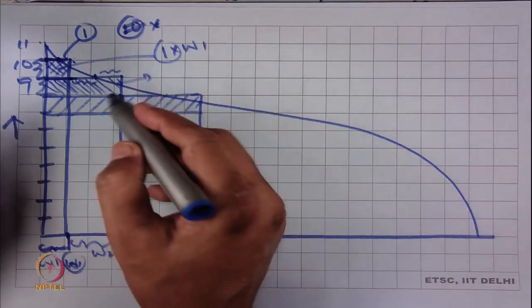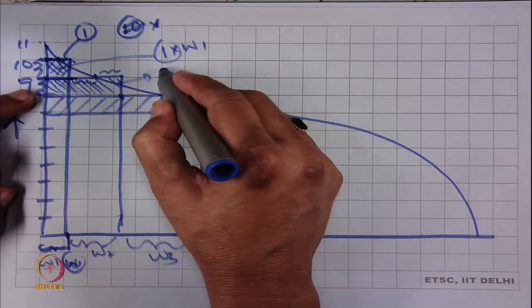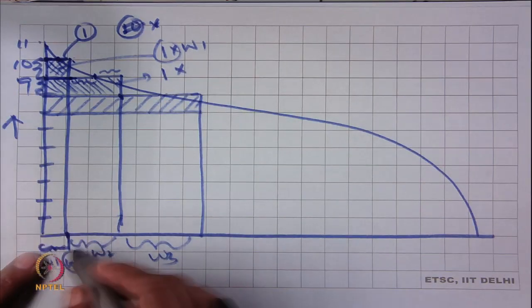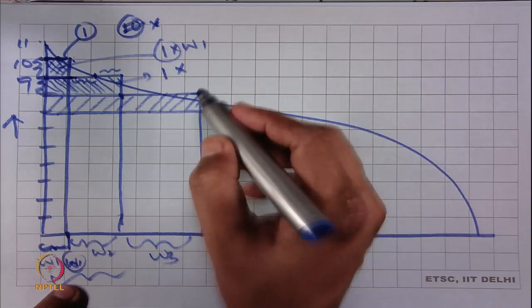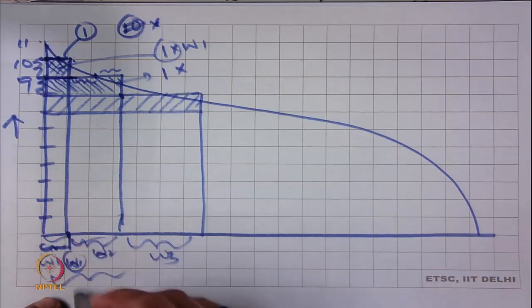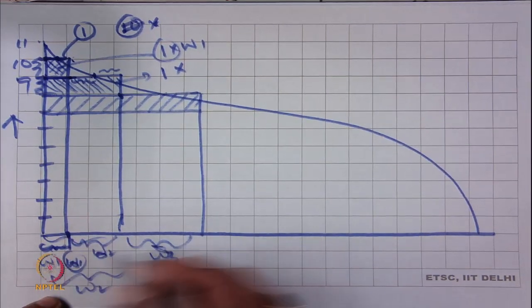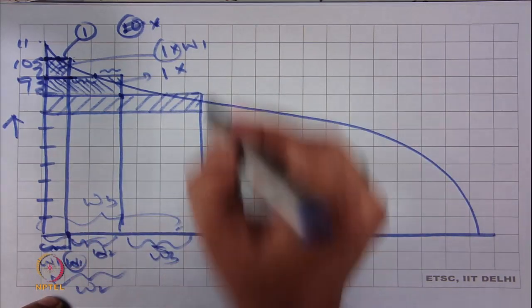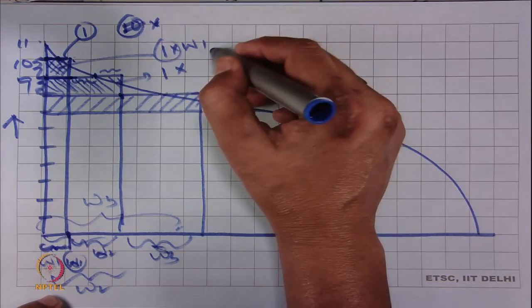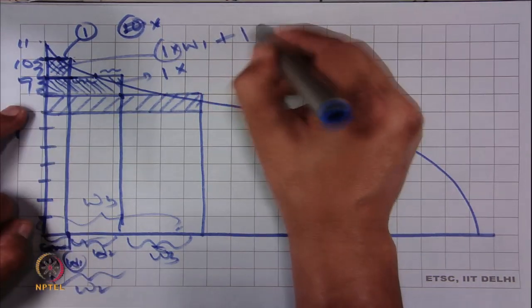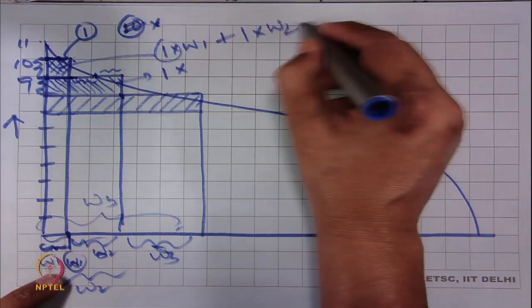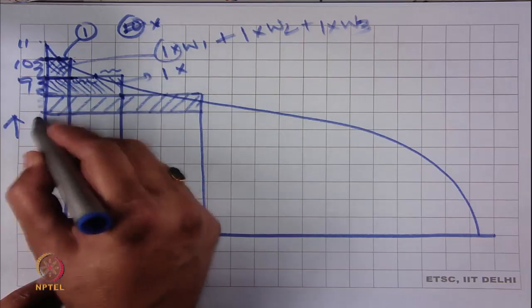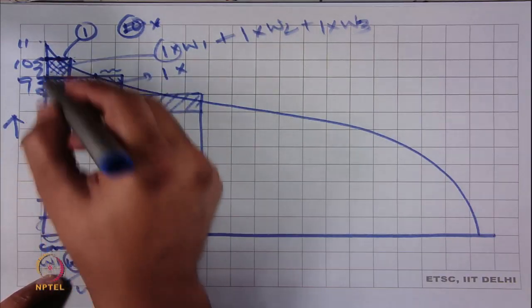Second one will be again the height is 1, width will be this one up to this point. So, W 2. Similarly, this one will be W 3. Okay. So, this will be 1 multiplied by W 1 plus 1 multiplied by W 2 plus 1 multiplied by W 3, because we have divided into equal 1/8 of an inch in this way.